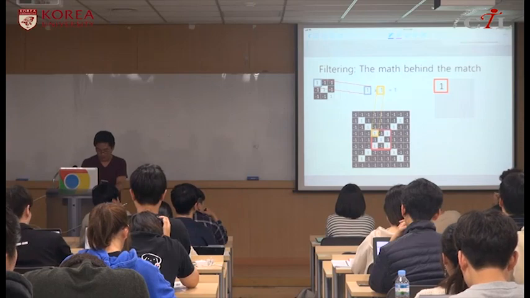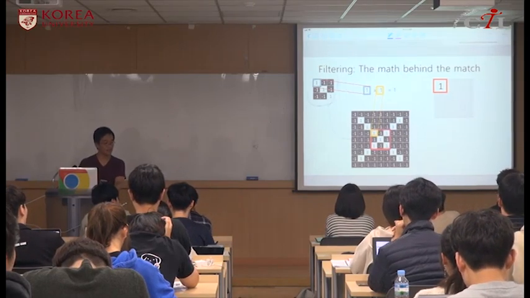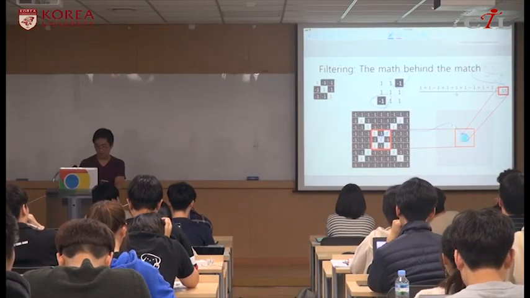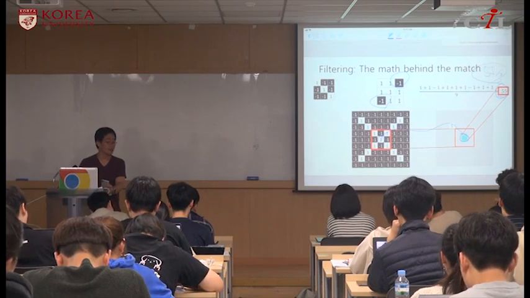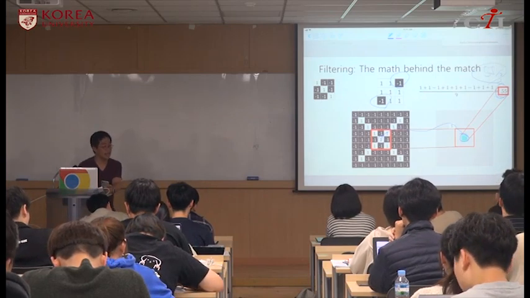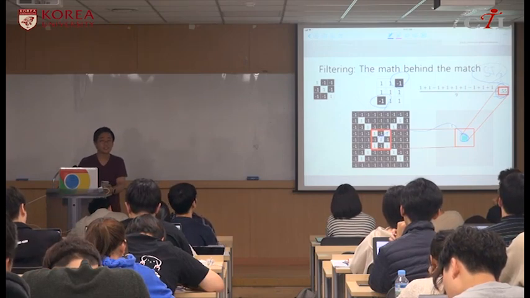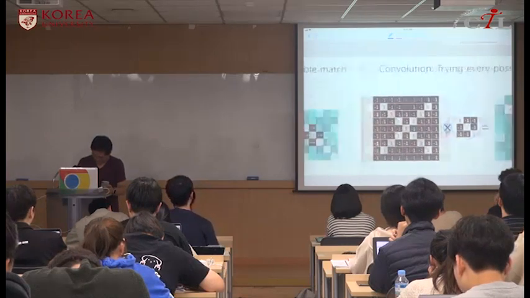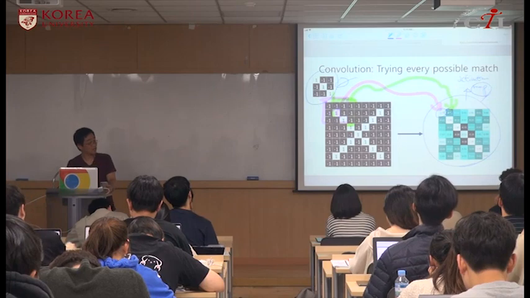Okay, so if we apply it to a different region that doesn't have exactly the same pattern, then the activation will be smaller than the maximal activation of 1. Okay, so this is our final activation map.